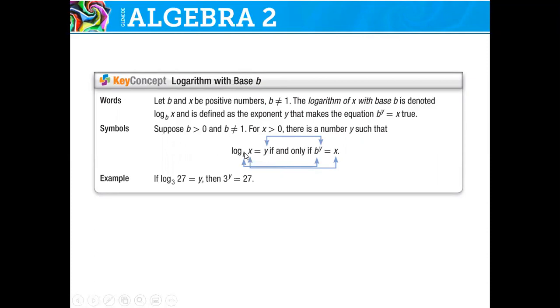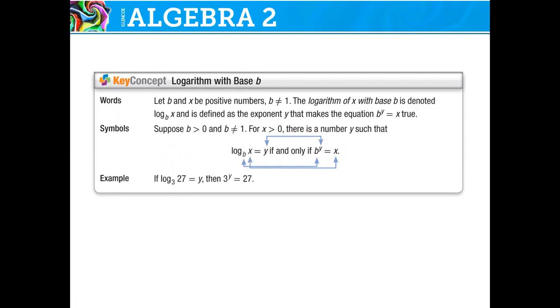First, we will evaluate the logarithmic function by changing the form of the function given. If I give you an exponential function, you will have to write it as a logarithmic function. And if I give you a logarithmic function, you will write it as an exponential function. This is an example: log base 3 of 27 equals y.